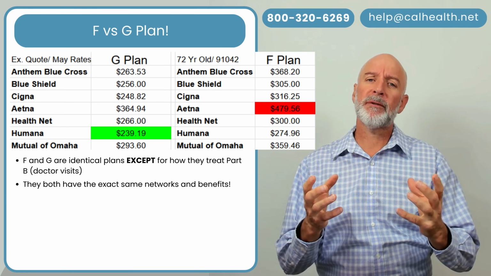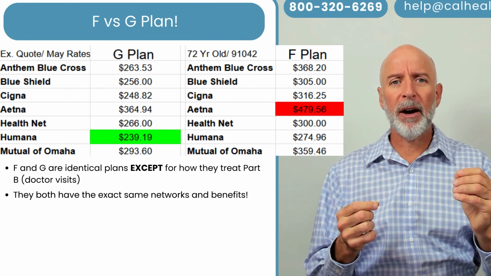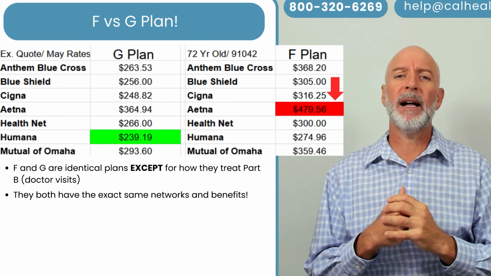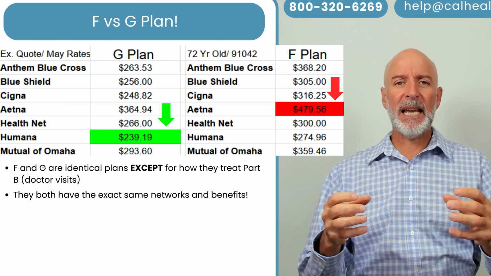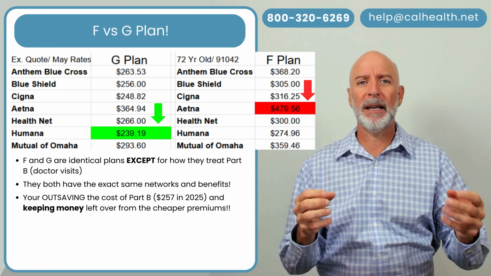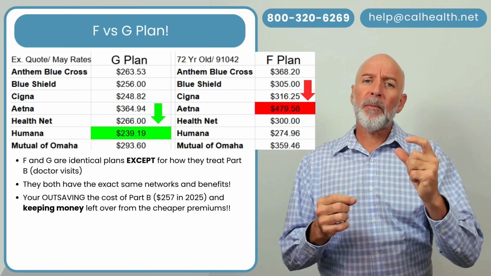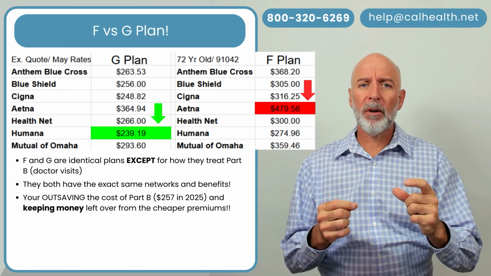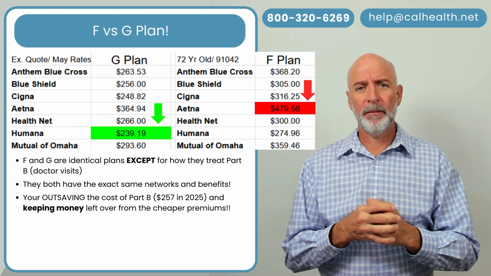Here's the issue. When we run numbers for people that are on F plans, the F plan is usually on average about $750 more per year than the G plan, which means even in a bad year where you have lots of doctor visits and labs and outpatient surgery even, you're paying about $500 more just giving it away to the carrier if you're on the F plan.